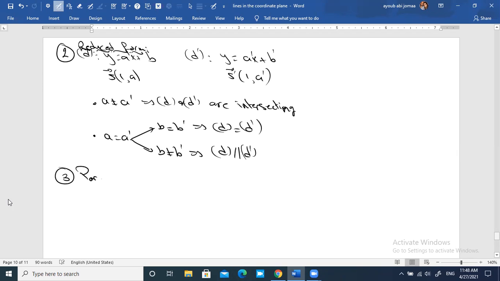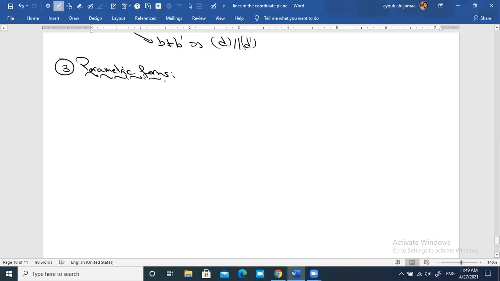Straight line D of parametric equations: x equal alpha t plus x0, and y is equal to beta t plus y0, and straight line d prime of equations x equal alpha prime t prime plus x0 prime, and y equal beta prime t prime plus y0 prime.